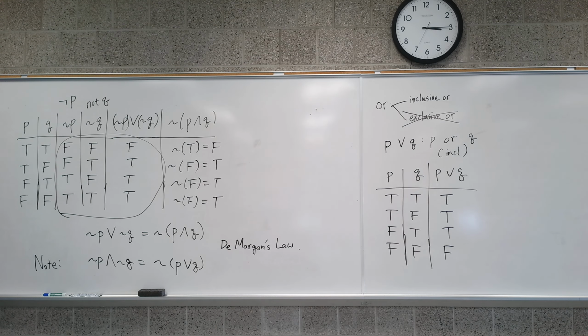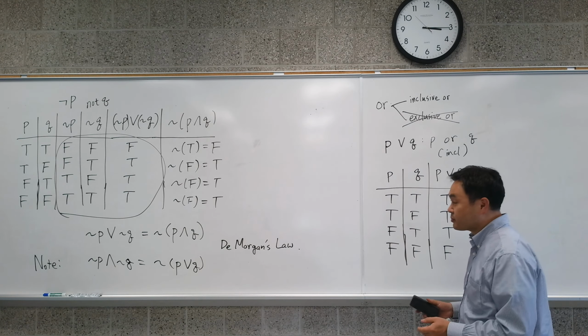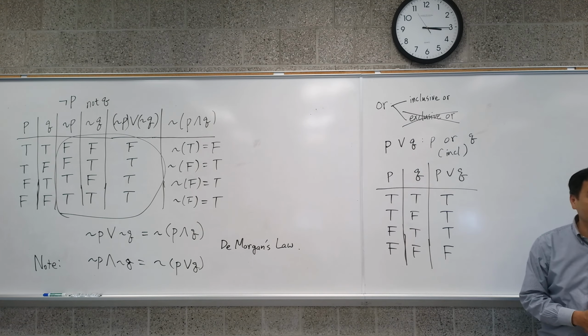By calling these two De Morgan's law, sometimes you can take some shortcuts to prove such and such identities. You're going to see De Morgan's law appearing in several places in the homework. Do you have any questions so far? Pretty straightforward, right? Okay.